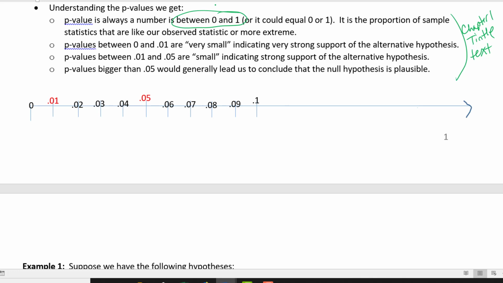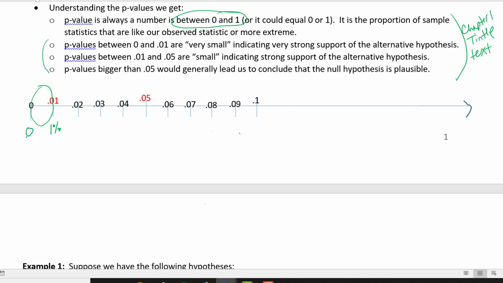Then the textbook kind of breaks it down into 3 other intervals in which you have some language that they offer you when you're writing your conclusions. First, your p-value may be a value between 0 and 0.01. So this is between 0 and 1%.